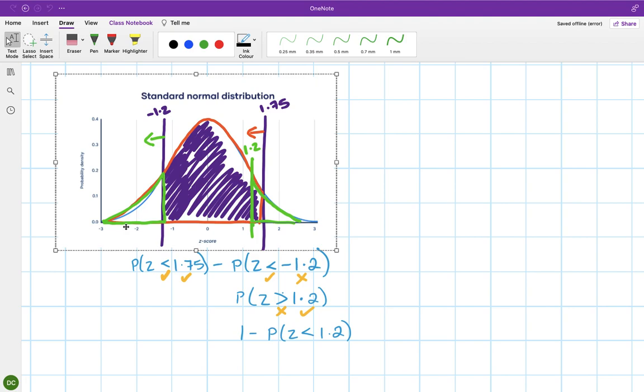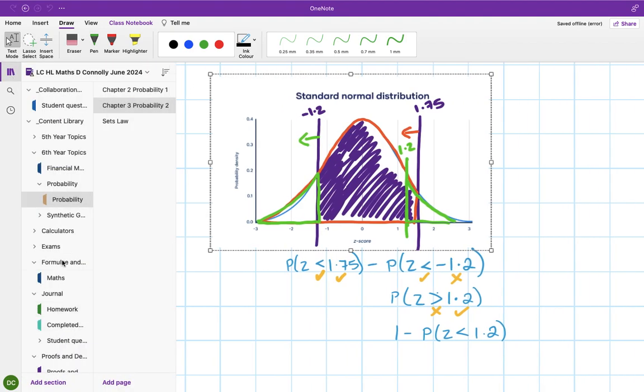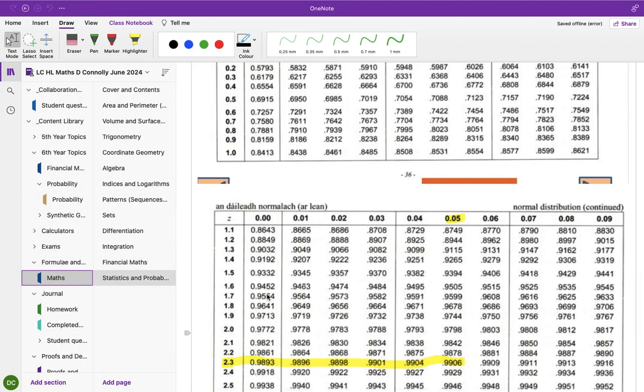Okay, so I'm going to look up the 1.75. 1.7 is here, and then go across. So 0.9599 is that one.